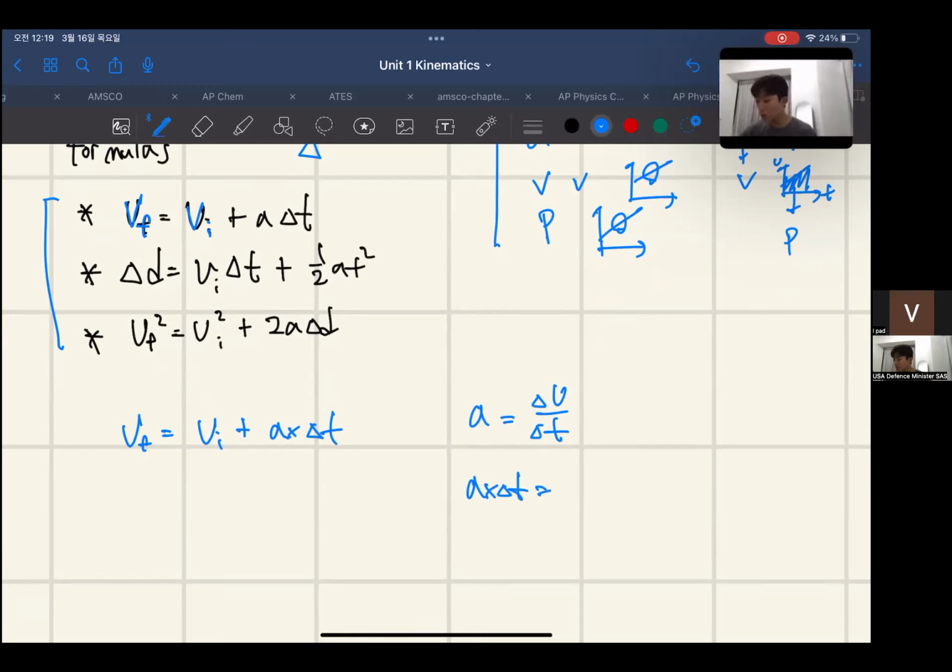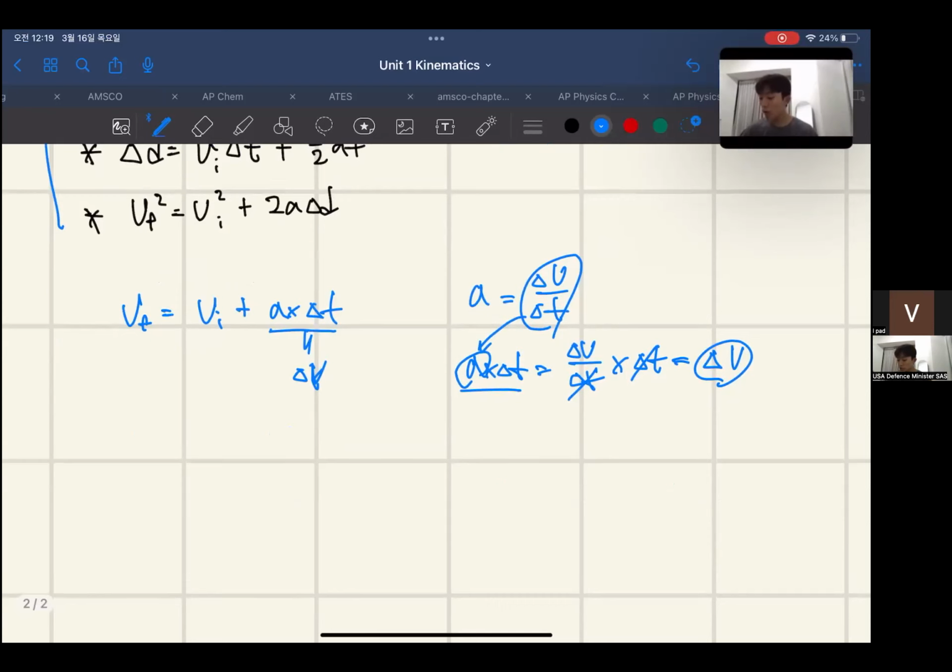Well, that would be delta V over delta T times delta T, because A is equal to delta V over delta T, so you can substitute this for A. If you calculate this, you can cancel out delta T, which leaves you delta V. Thus, A times delta T is equal to delta V. So you can change this equation into Vf equals Vi plus delta V.